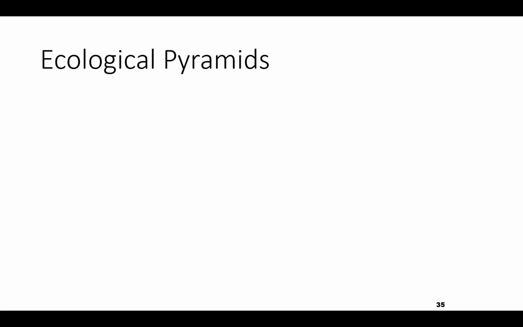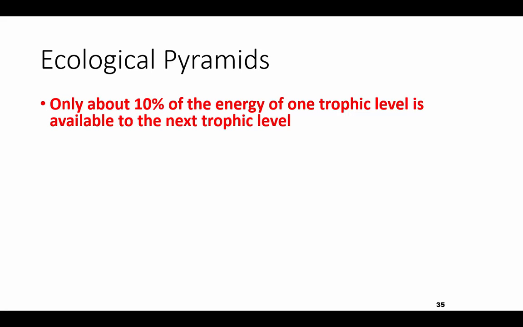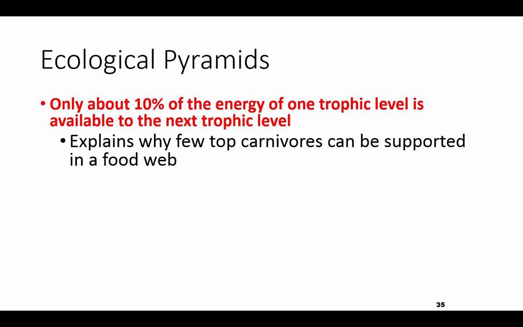Now, ecological pyramids. As I mentioned before, only about 10% of the energy at one trophic level is available to the next trophic level, because organisms give off 90% of it as heat. So it would be beneficial to eat further down at the bottom of the pyramid. That's why you can't have a lot of top carnivores supported by a food web.